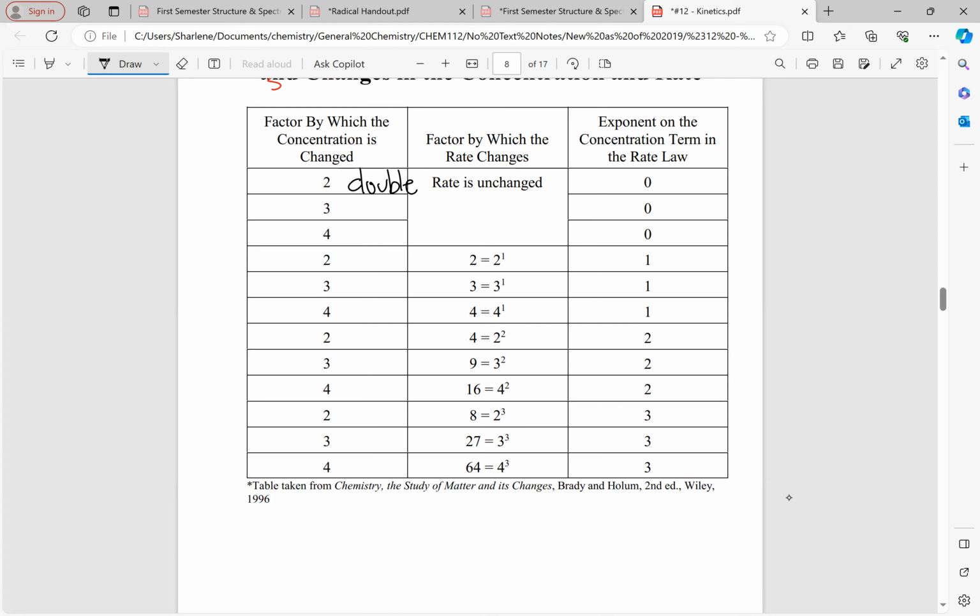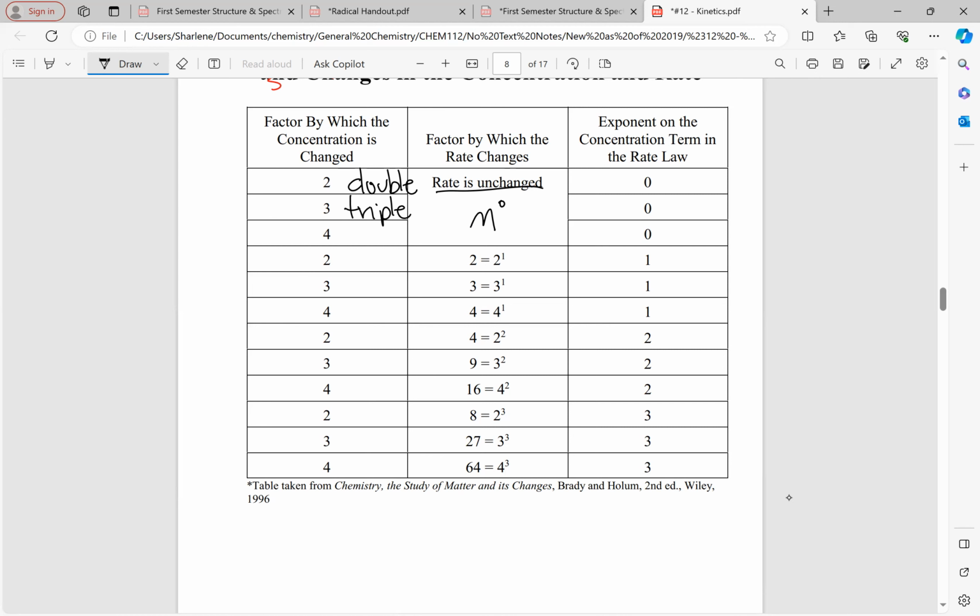the concentration and it does absolutely nothing to the rate, what it's trying to tell you is it must have been raised to the 0 power. So if you triple it and it does not change the rate, that means it was raised to the 0 power.